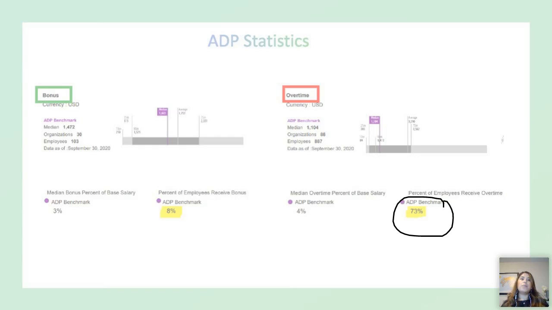And only 8% get paid bonuses. And we want to make sure that we're giving them bonuses instead of them going into overtime, because that's more money on your end that you're spending, and it's better to, again, incentivize them rather than them going on overtime.